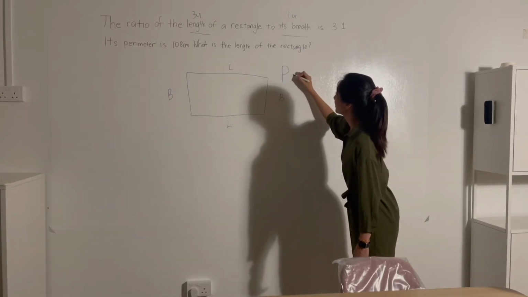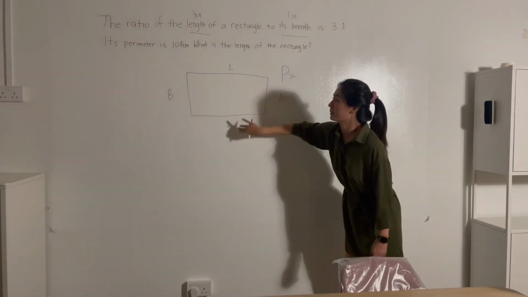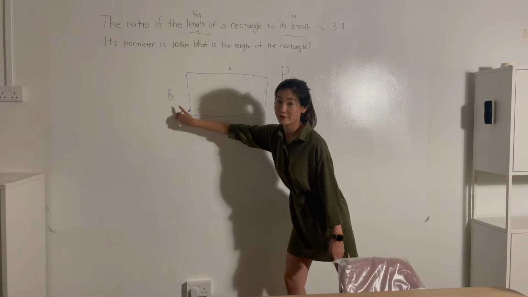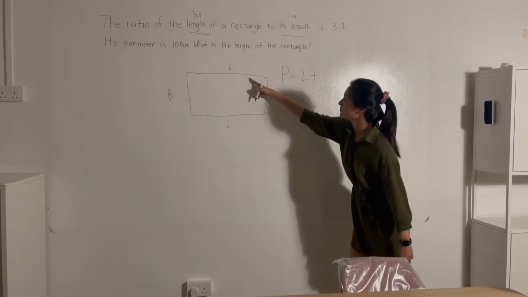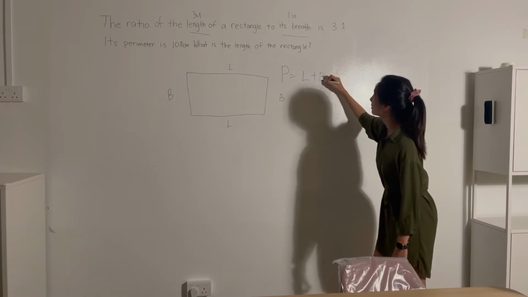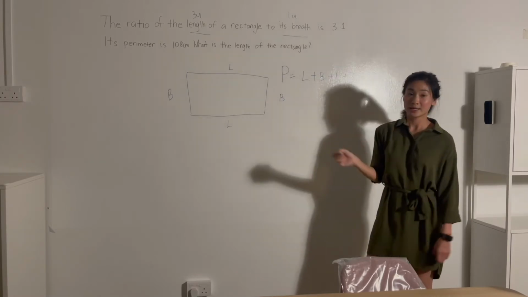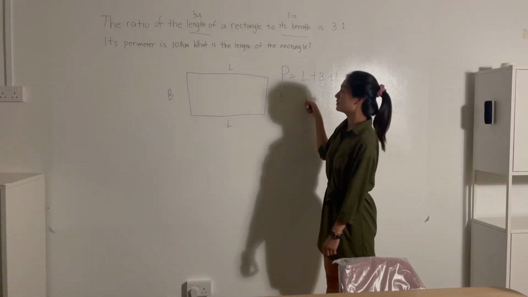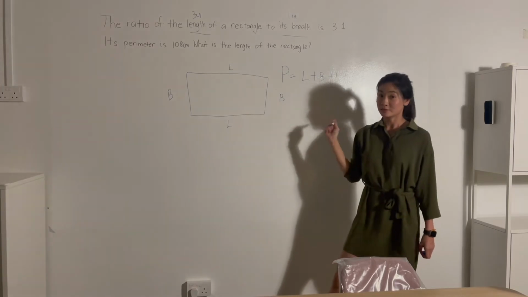Perimeter is equal to 2 length plus 2 breadth. So we can basically just add them up: length plus breadth plus length plus breadth. This is the formula. You have to sum all the length of its sides together.